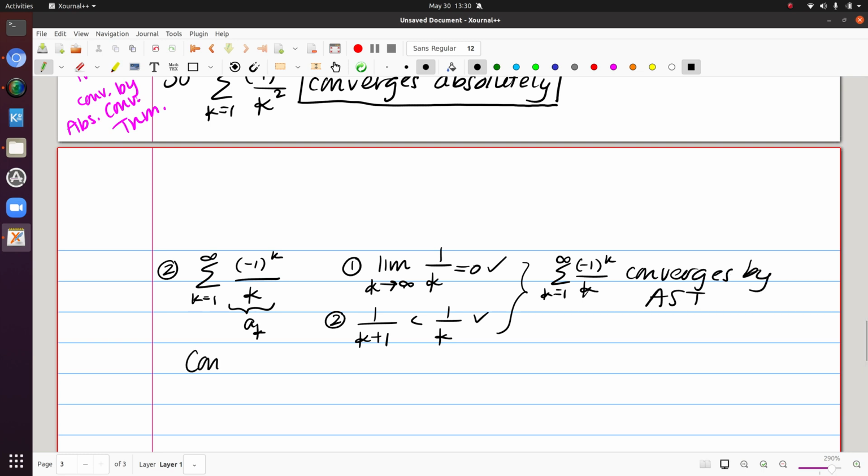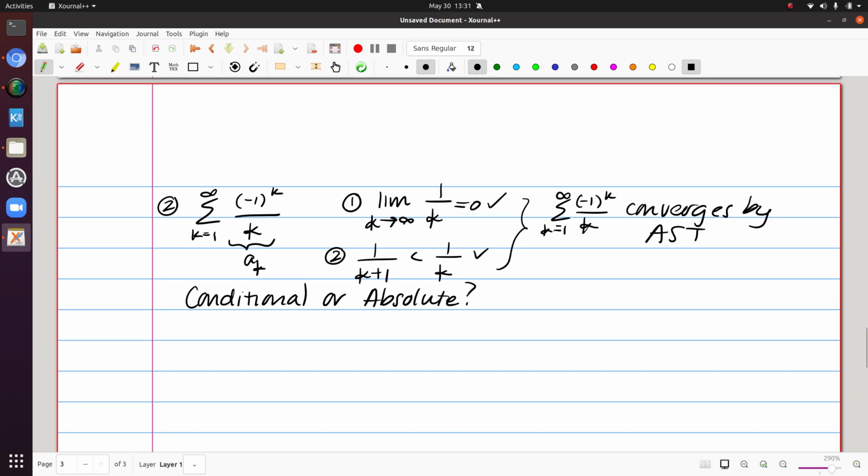So again, we would encounter the question, is it conditional or absolute convergence? Which would require me then to look at the sum of the absolute value of the terms, which becomes just the harmonic series. This series diverges.